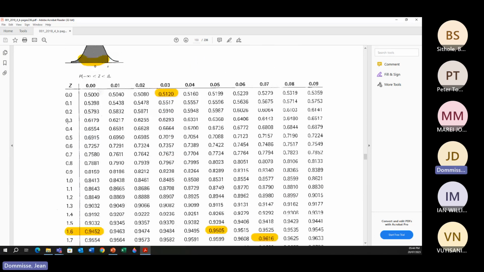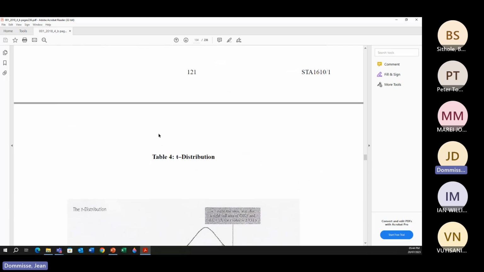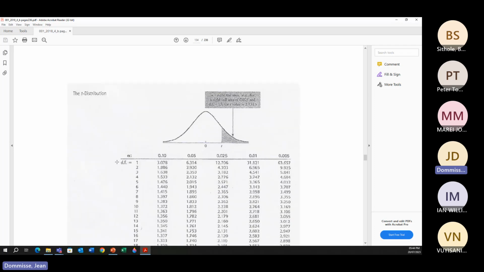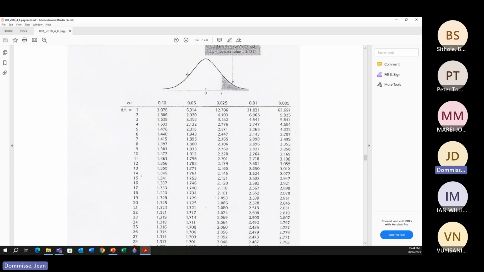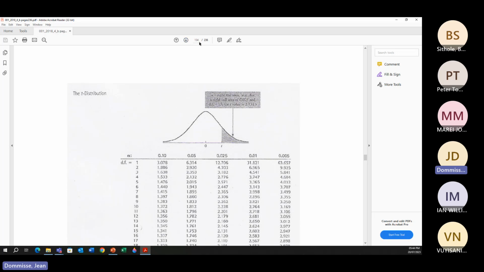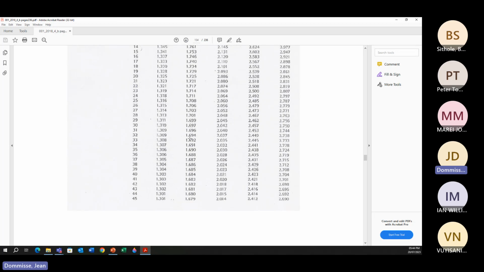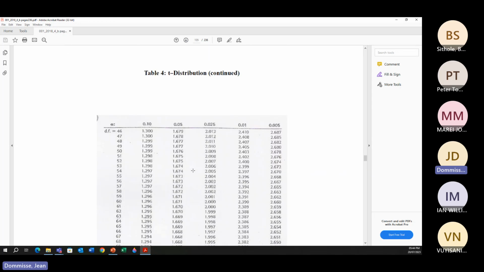we had the Z tables. So we will have the t distribution table 4 in your study guide. So it's around page 134, 135 in the study guides.